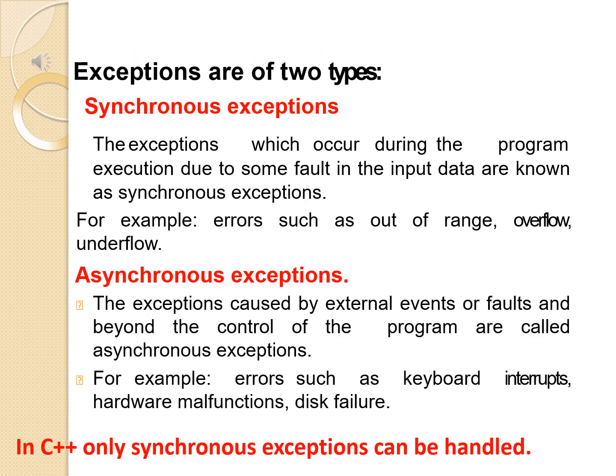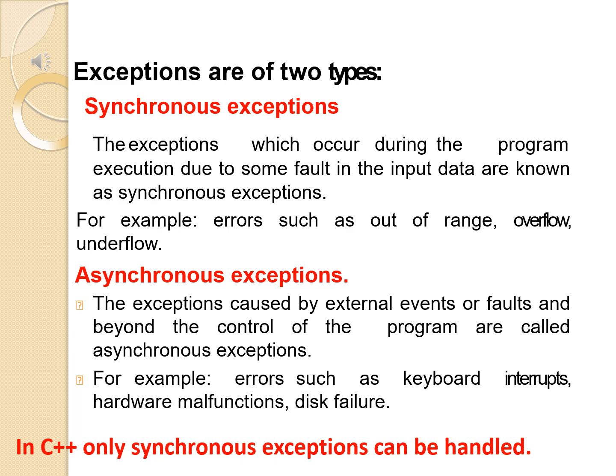Exceptions are of two types. The first one is synchronous exceptions, which occur during program execution due to some fault in the input data, like out of range errors, that is when the array index is out of range, overflow, underflow. Asynchronous exceptions are due to external events like a keyboard interrupt, when you press an interrupt key while running the program, or disk failure, hardware malfunction.